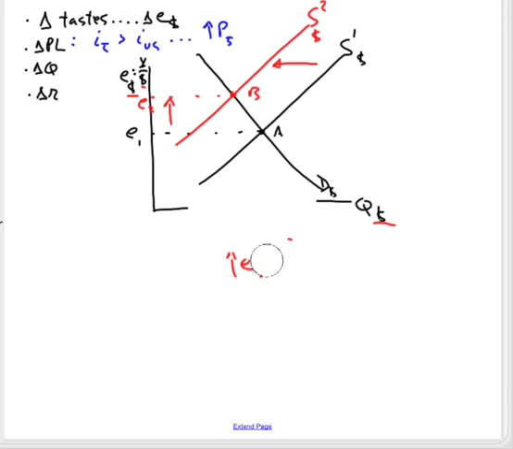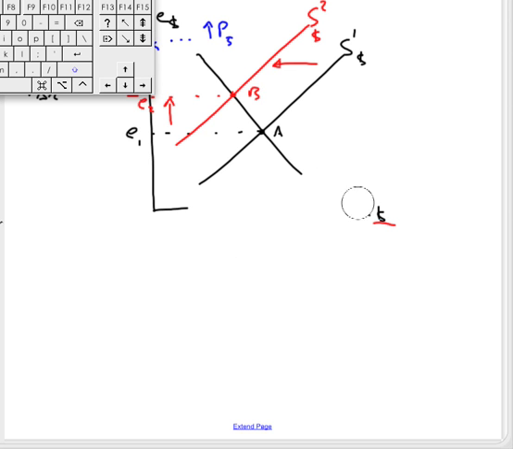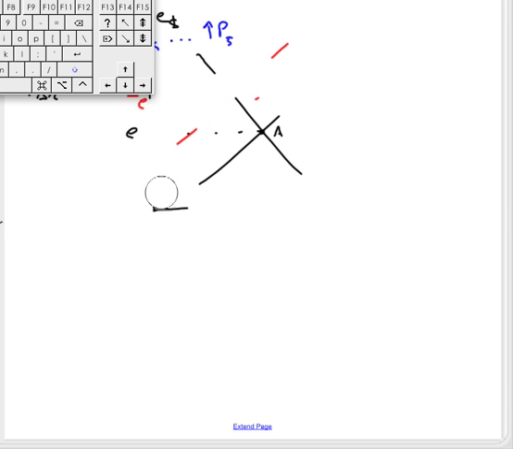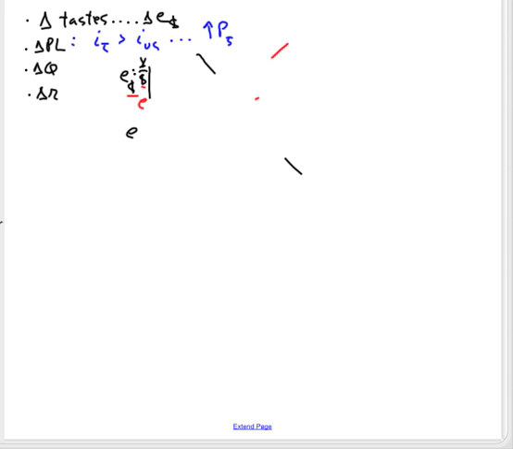Let's take another case. What if we're talking about relative changes in Q? What will happen to the exchange value of the dollar if there's a boom or a recession in Japan?